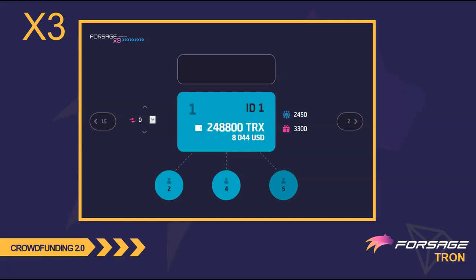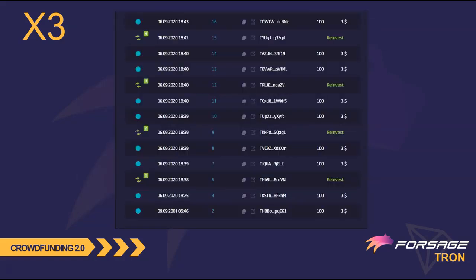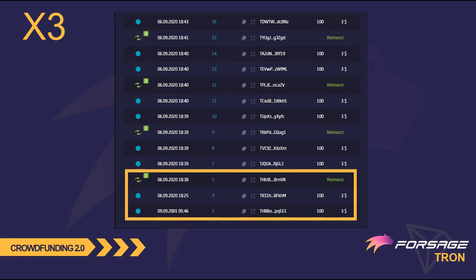number 3? This is a snapshot of ID number 1's slot 1 list of contributions. At the bottom of this list are the first 3 contribution transaction records shown on the previous screen from ID number 2, 4, and 5, but just in a spreadsheet format.